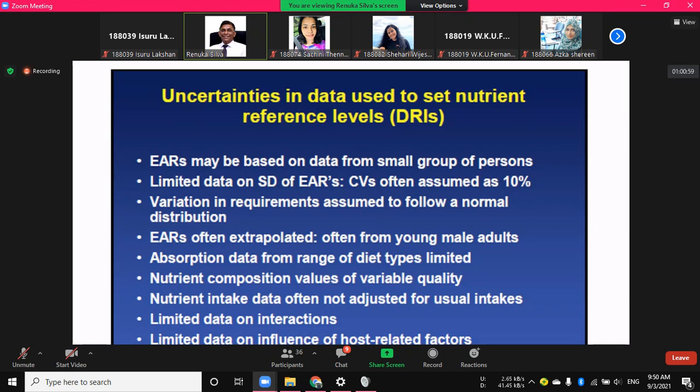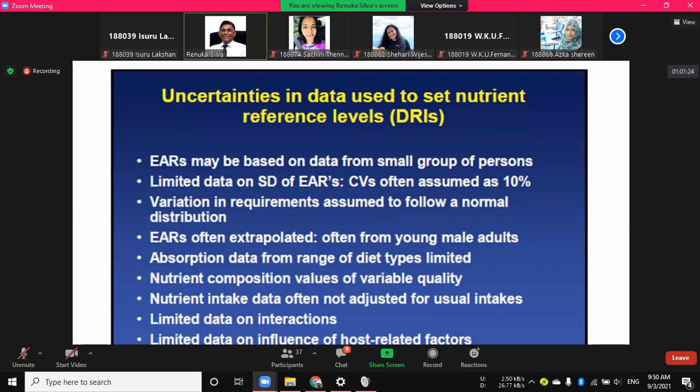How can we collect all those data? By doing research. Then we need to see the distribution in the population, and then we decide the EAR, and then we can calculate the standard deviation. So, limited data to decide all those values.